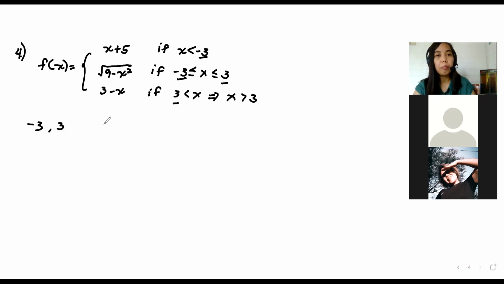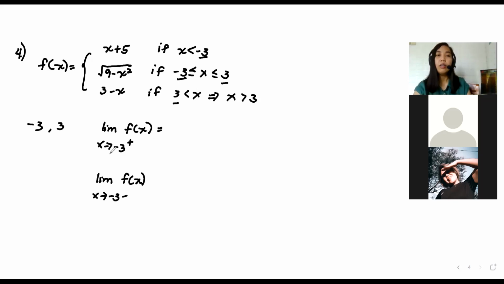The limit of f of x as x approaches -3 from the right, the limit of f of x as x approaches -3 from the left. Okay. -3 from the right. Yung nasa right ni -3. Ito ay nasa left kasi less than.